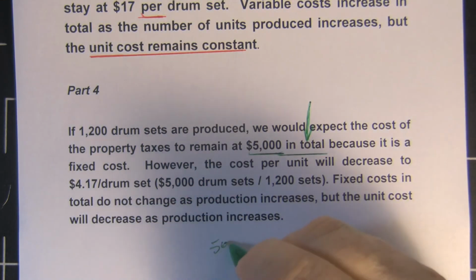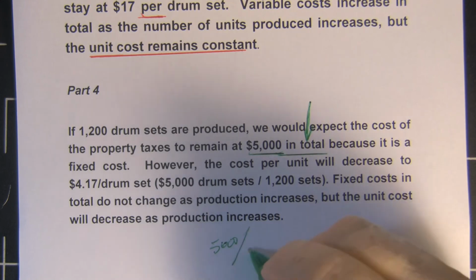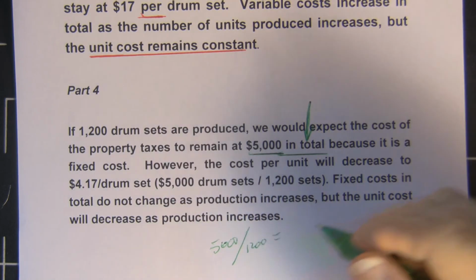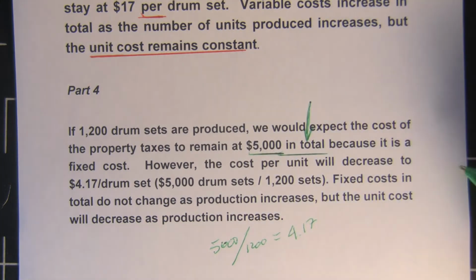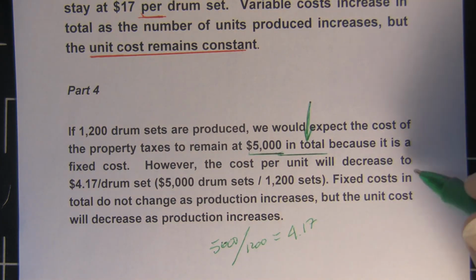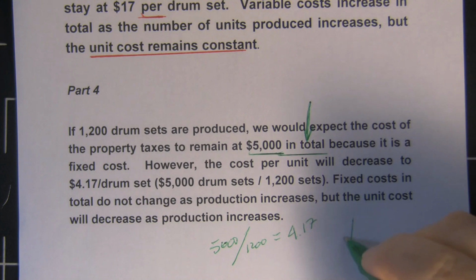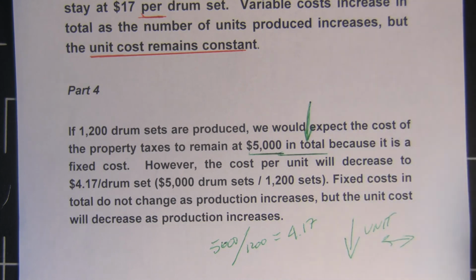So we're going to take our 5,000, divide by 1,200, and the cost per drum goes to $4.17. So fixed costs vary at the unit level, stay constant in total. Problem 14-1A, parts 1, 2, 3, and 4.